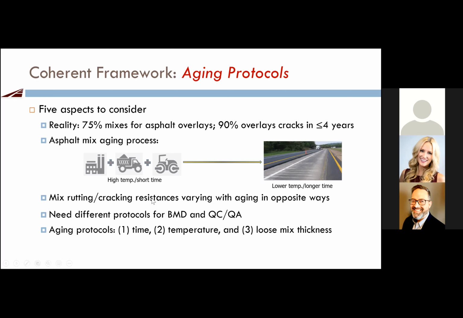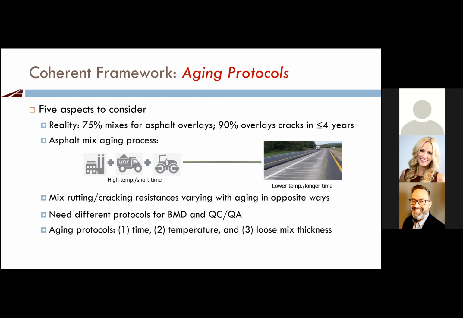What I found, at least 75% of asphalt mix produced every year is used for asphalt overlays. So that's very important. And if we really want to talk about our practical application, we really need to look at asphalt overlay mixes and how they perform in the field.